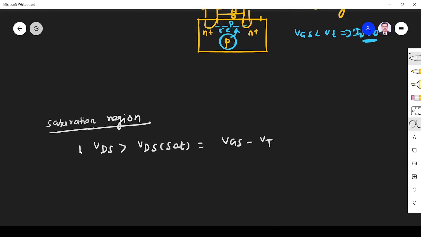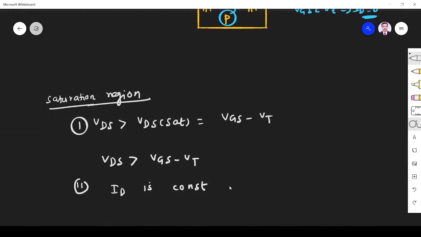So simply, in the saturation region VDS must be greater than VGS minus VT. Second, in the saturation region, ID is constant and independent of VDS.